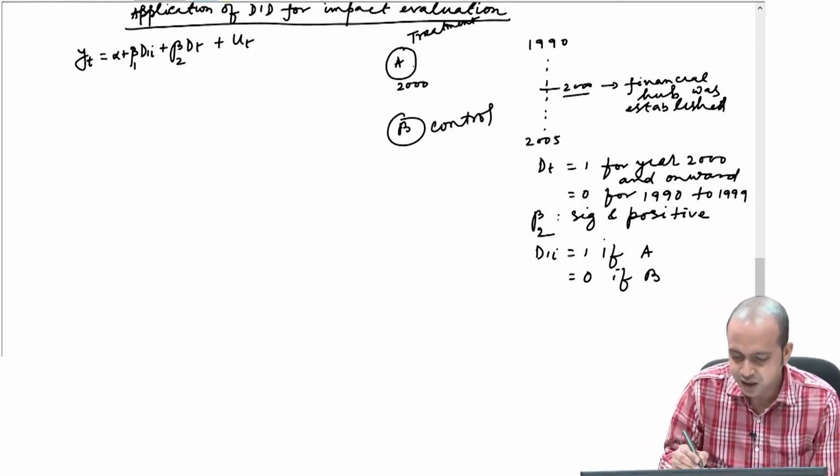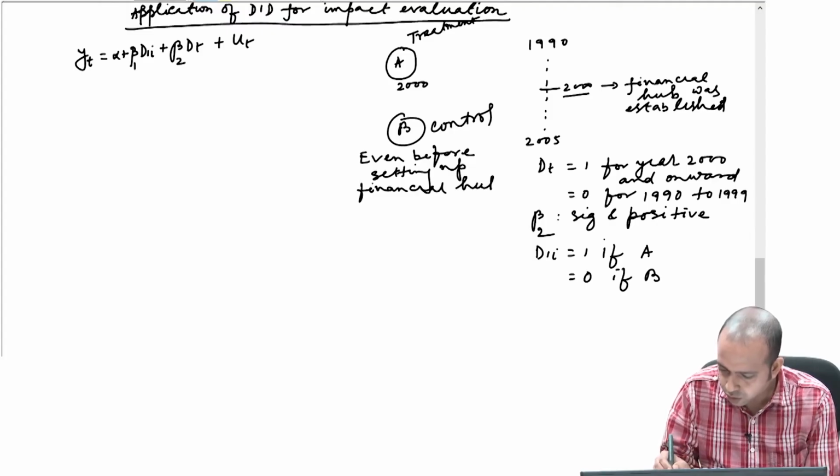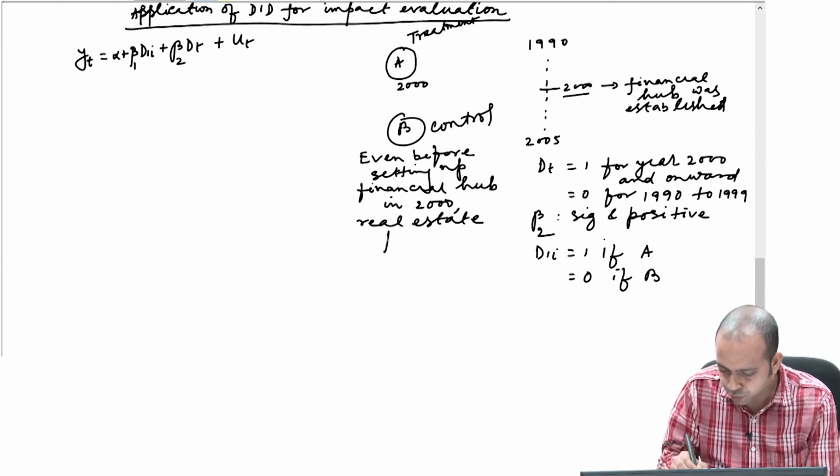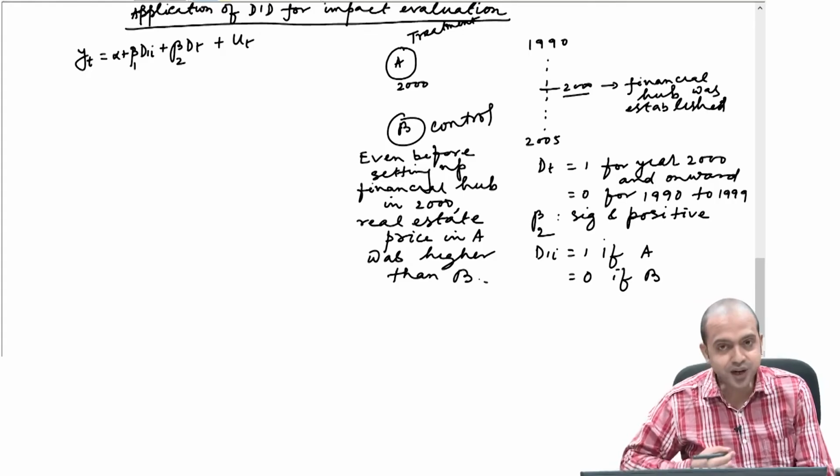So, what I am saying is that even before setting up the financial hub in 2000, real estate price in A was higher than B, because you have not collected that type of information.